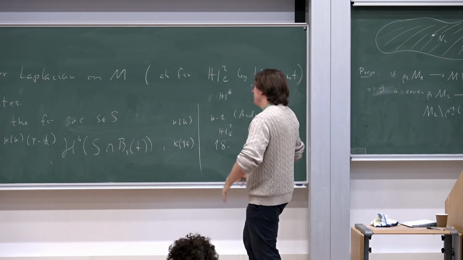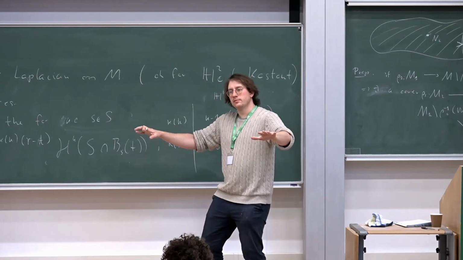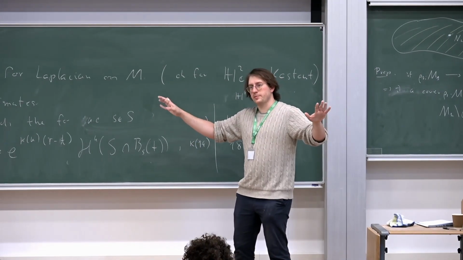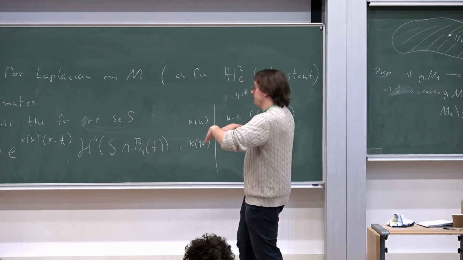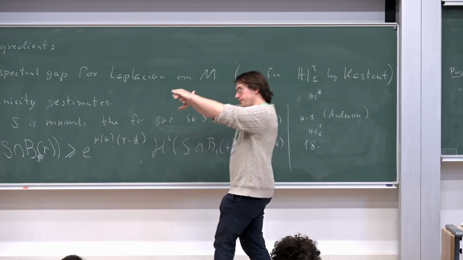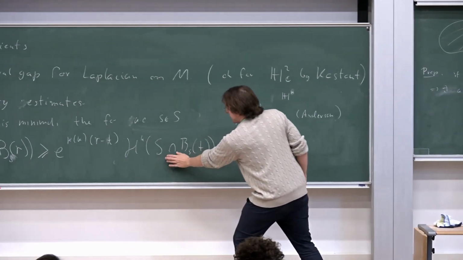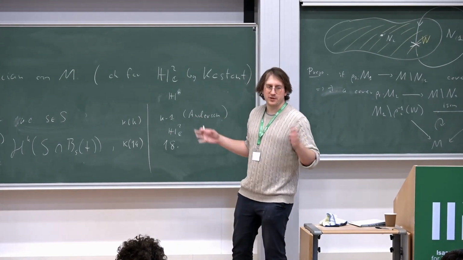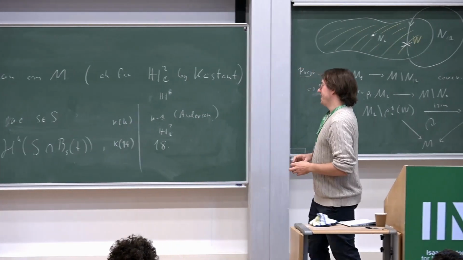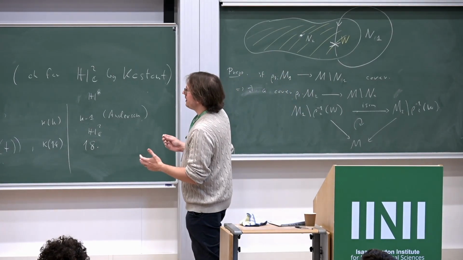On one hand, spectral gap for Laplacian tells you that this should dissipate very fast, unless your S occupies a positive proportion of the space, in which case it goes to a constant. But if it's very small, then this decay is super fast. But on the other hand, this monotonicity estimate says that it cannot decay too fast. And you have a contradiction. So this is the source of tension. This is how we prove the theorem about minimal submanifolds.